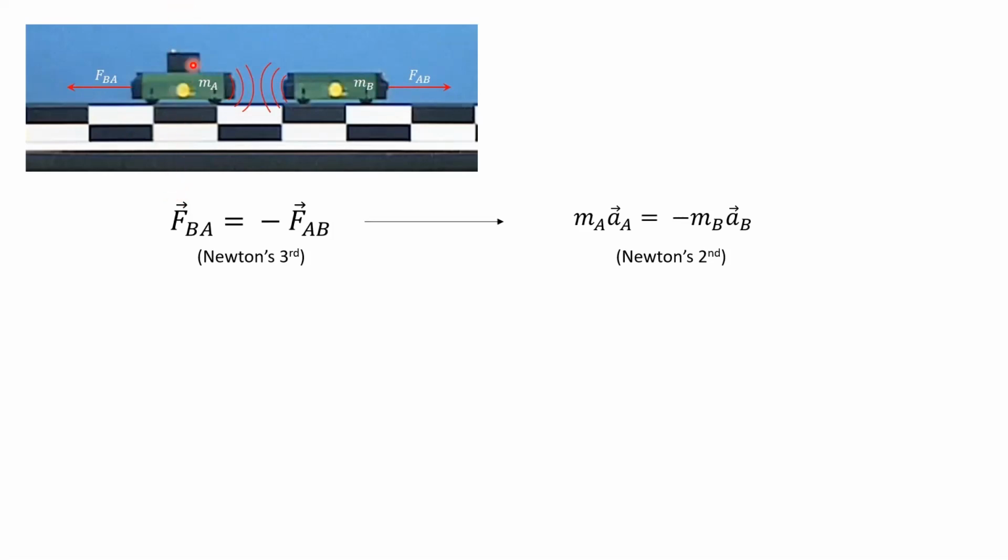Since the cart is not accelerating in this direction, then the normal force up would have to balance the gravitational force downwards so that the net force along that axis is zero. So along this axis, the repulsion between the two carts is the only force acting on cart A. And remember, for any mass m, F equals ma speaks to the net force F. So since this is the net force on cart A, I can set that equal to the mass of cart A times its acceleration.